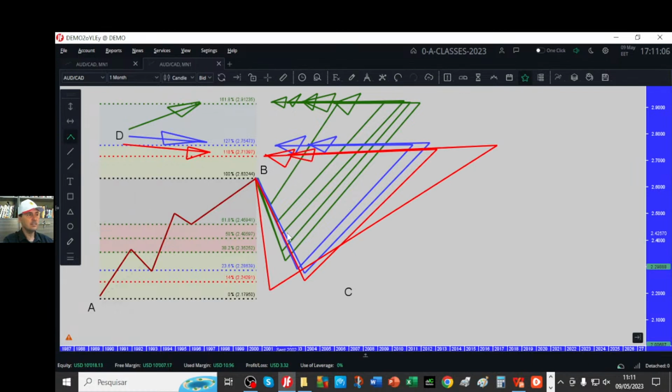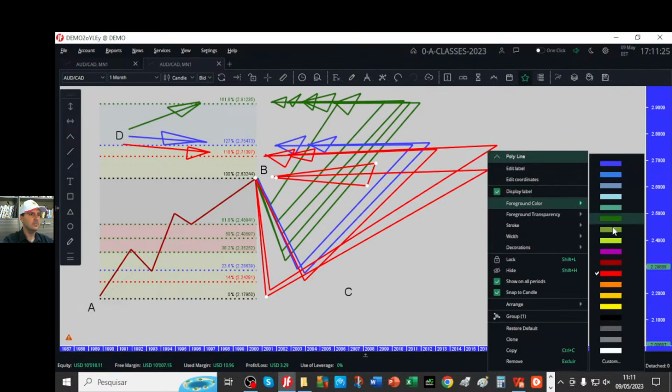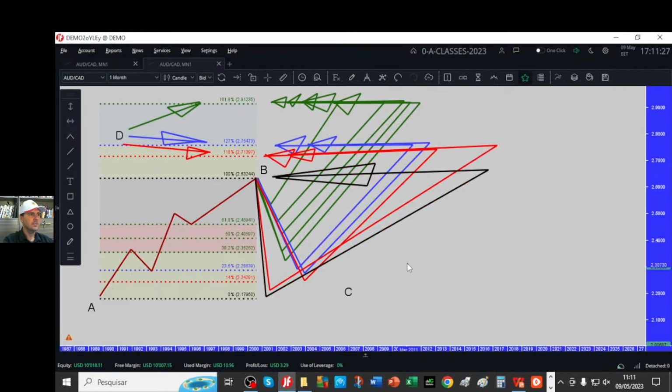And finally, if the market touches, it must not break, it touches the 0%, the black one, then the appropriate extension is going to be the 100. Alright? So green goes to green, blue goes to blue, red goes to red, and black goes to black.